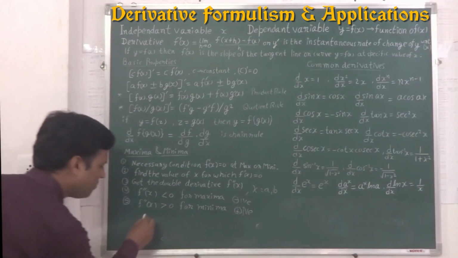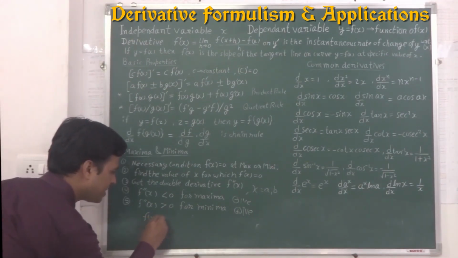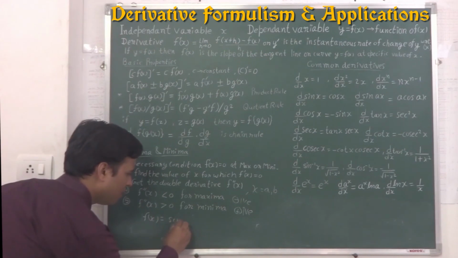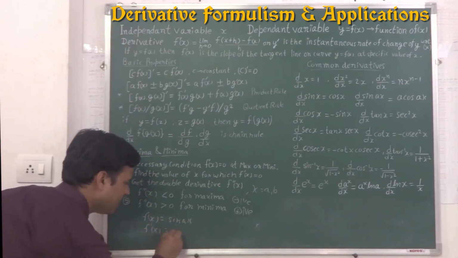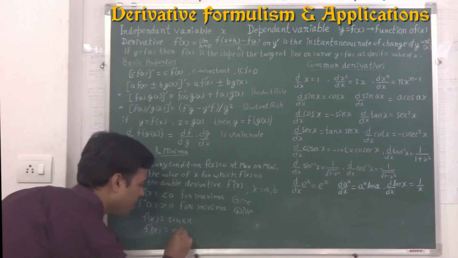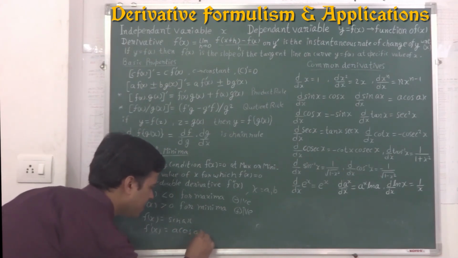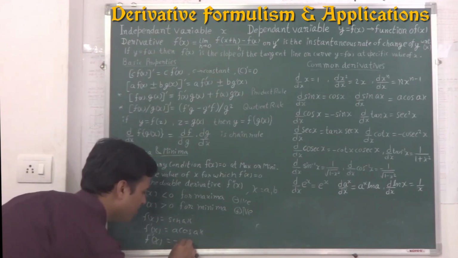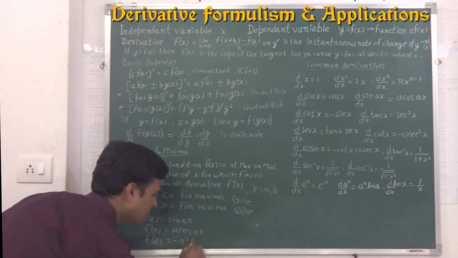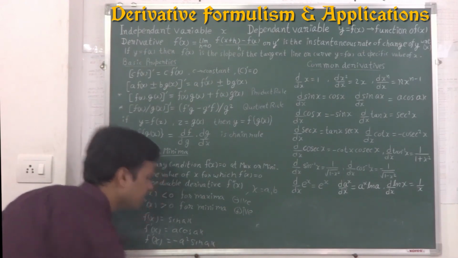The function given was f x equal to sine of ax. Its first derivative f dash x is equal to a cos of ax. The second derivative of this function is equal to minus a square sine of ax.